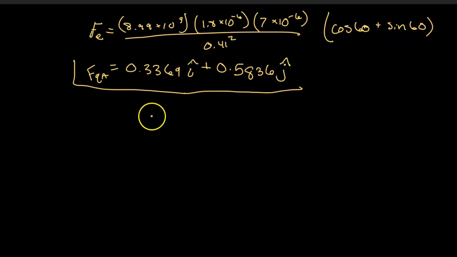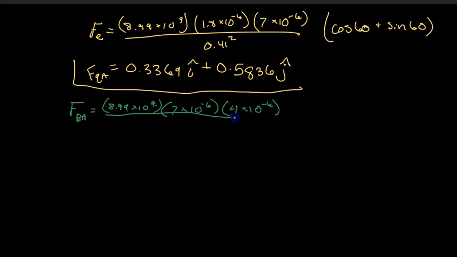We will do the same thing for the other force. So the force of B on A equals the same 8.99 times 10 to the power of 9 times A, which is our 7 microcoulombs, and then our charge on B, which is minus 4 microcoulombs, but we're looking for the magnitude right now, so we'll just do 4 times 10 to the negative 6, all over the distance.